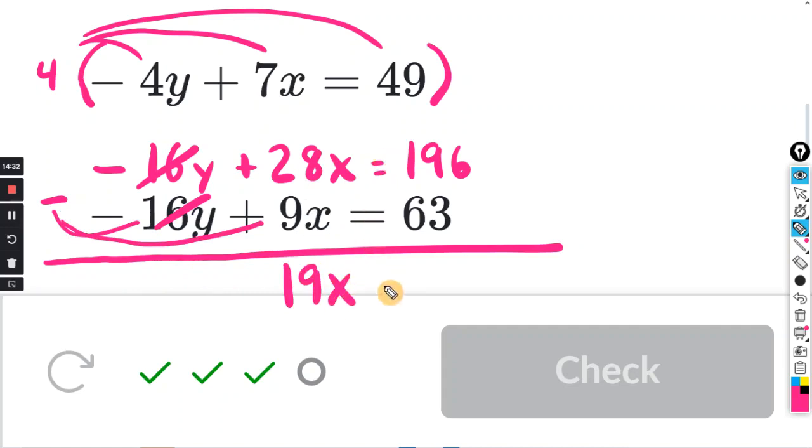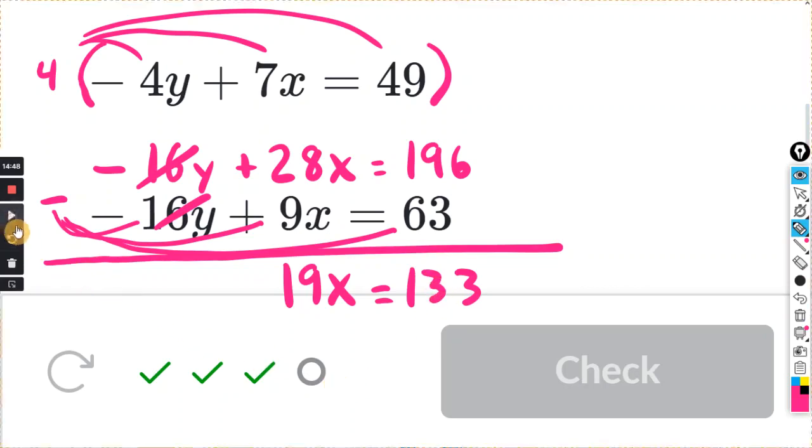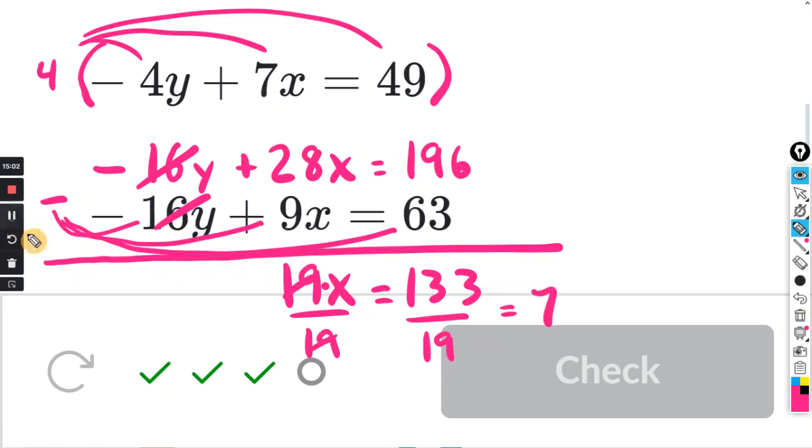Bring down the equal sign. 196 minus 63. Let's see. 6 minus 3 is 3. 19 minus 6 is 13. All right, the opposite of x times 19 is divided by 19. Cancels here. And I'm going to do this one on the calculator. And I get 7. That's x equals 7.